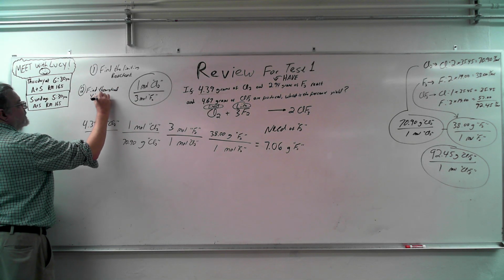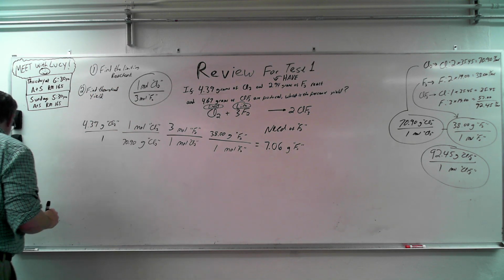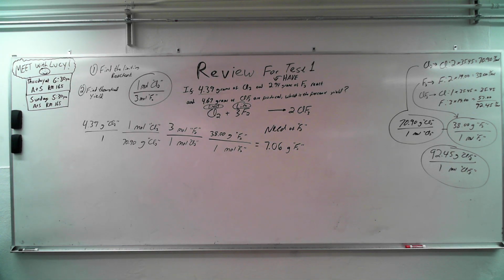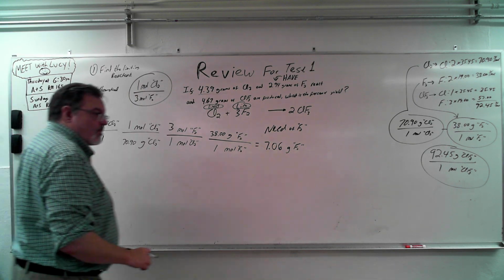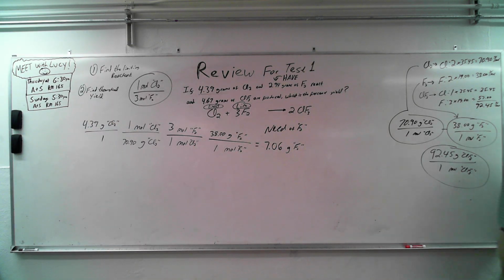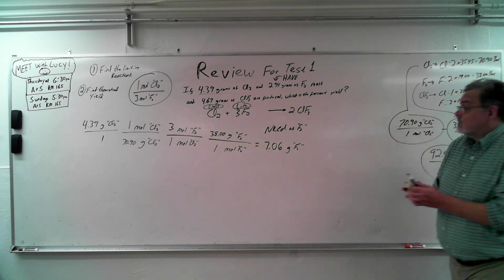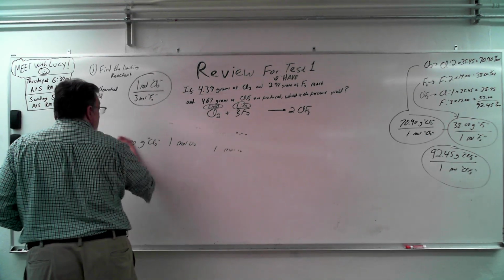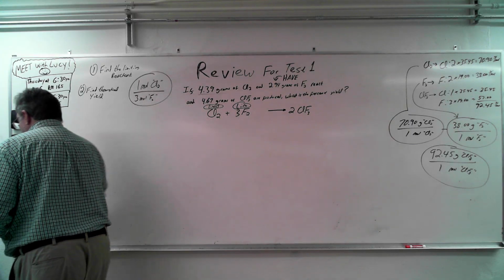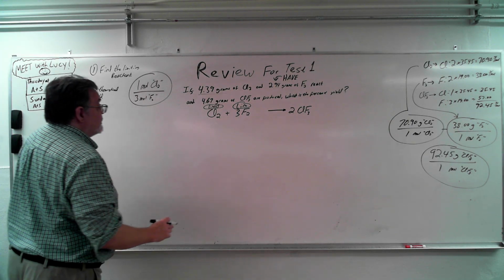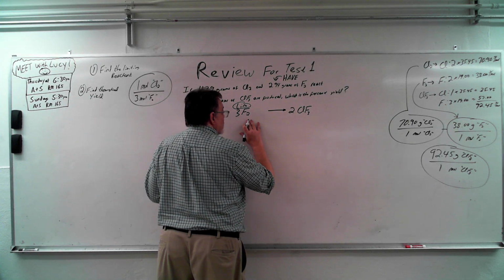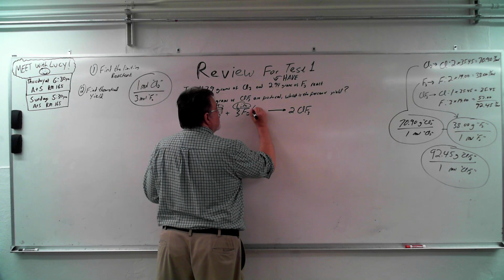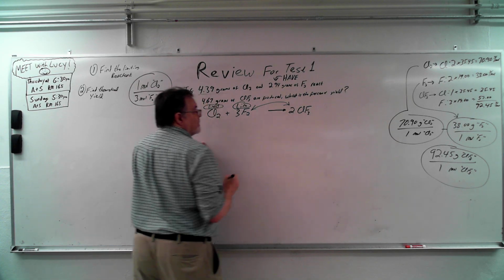Theoretically. Okay, to find the theoretical yield, can I erase some of this? I need some space. So finding that F2 is the limiting one, we did that because we're going to use the limiting one to predict products.